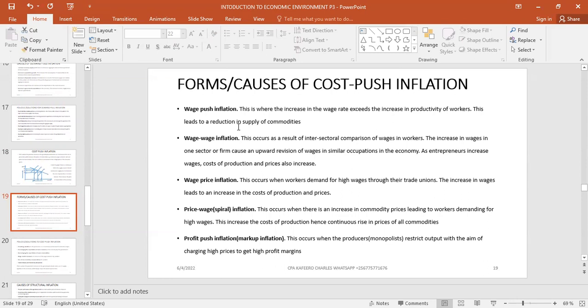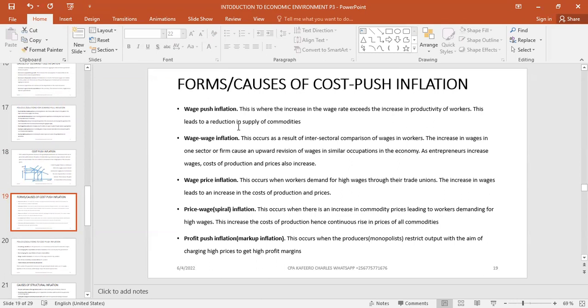This leads to a reduction in the supply, because it doesn't really make sense for someone to be demanding higher pay, and yet when you compare the production, yes, we are increasing your salary, but when you compare what you are producing, you are not producing anything.